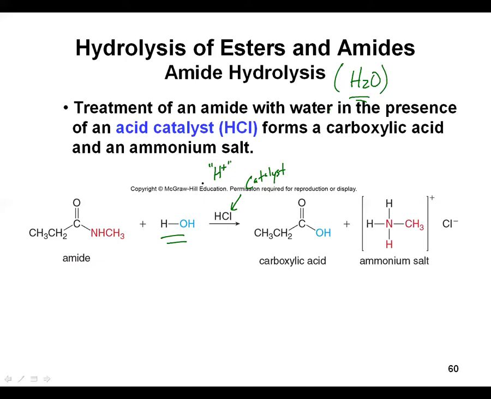So what's going to happen in this particular case, when we do it with the acid catalyst, is we essentially will take off the nitrogen part, and it will come off over here. And what will come on in its place is the OH from the water.